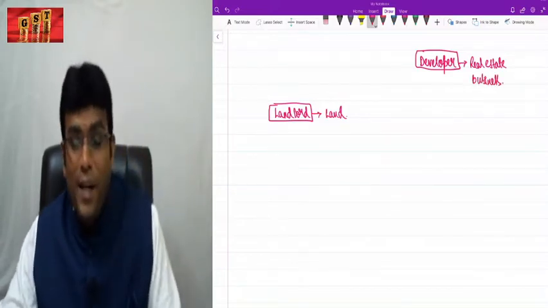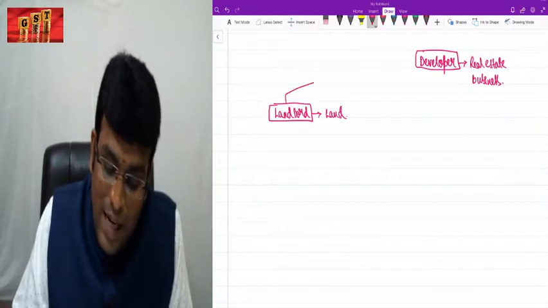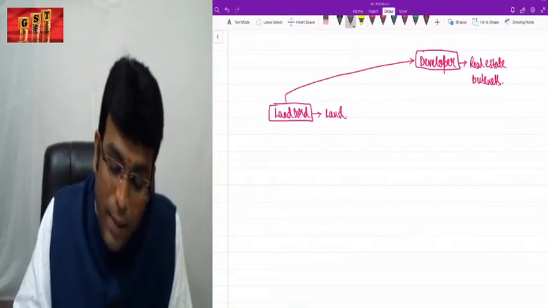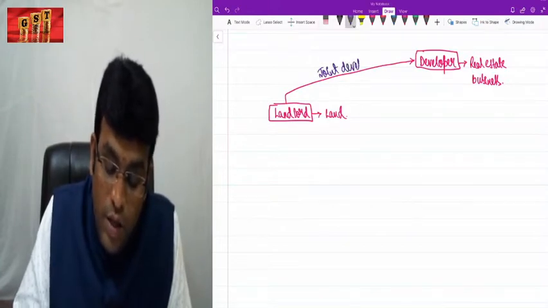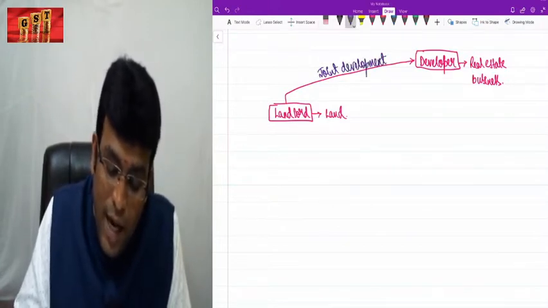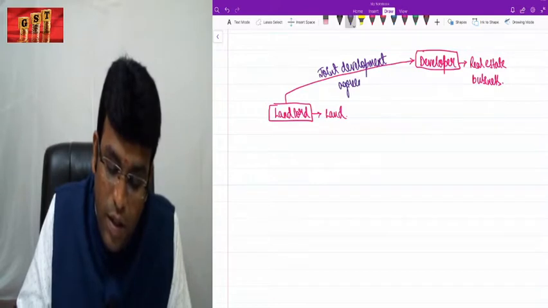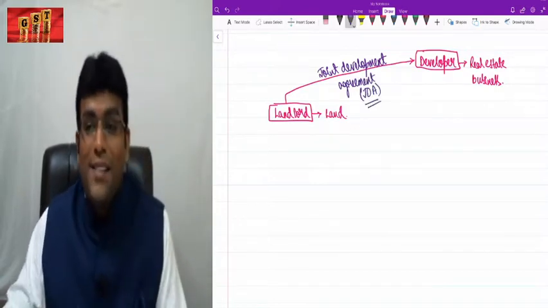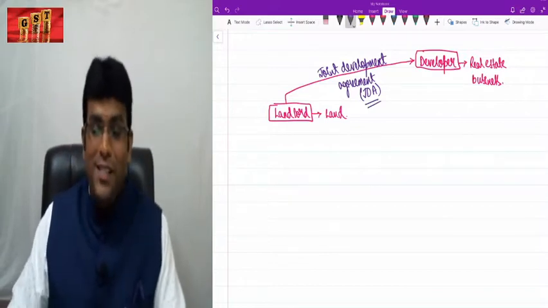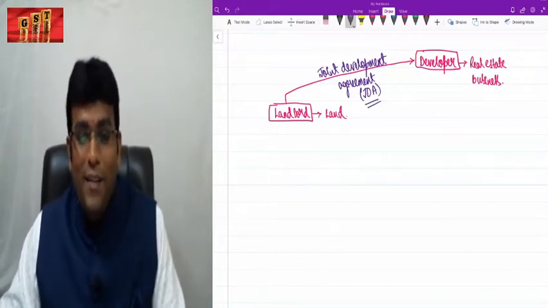One very practical point is that this landlord enters into an agreement with the developer which is known as a joint development agreement. This is very, very popular, in short known as JDA. Friends, JDA stands for Joint Development Agreement.